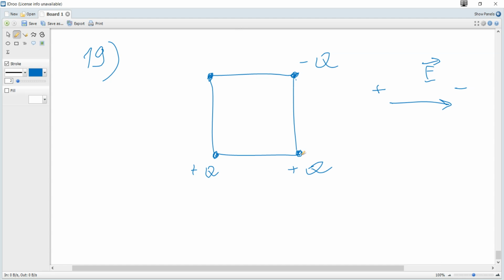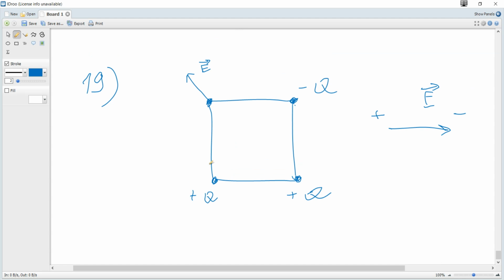So the field strength E produced by this plus Q is from plus in this direction and of some length, and from the other plus due to this plus Q. But notice that the length must be the same, because, no, just a moment.